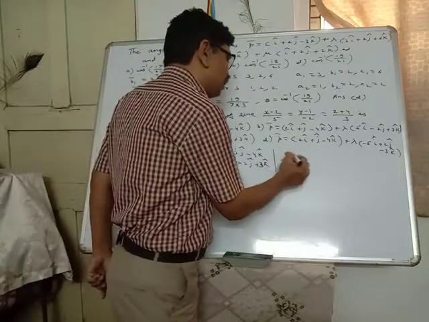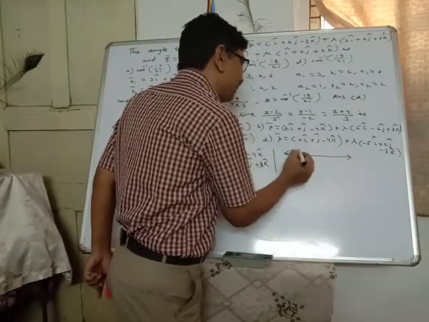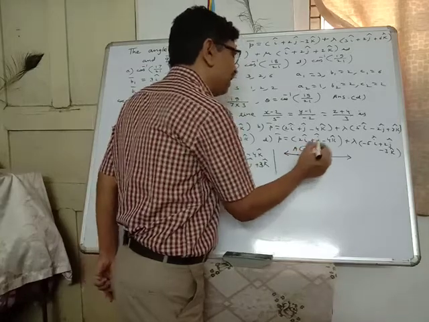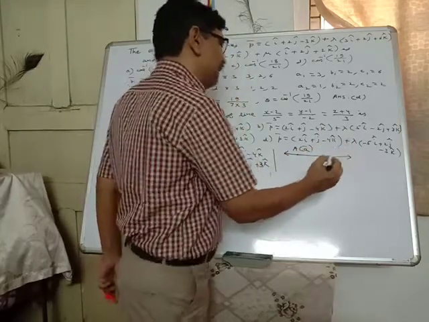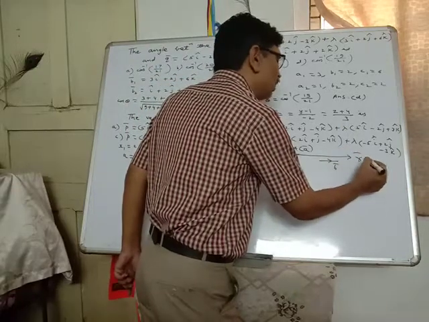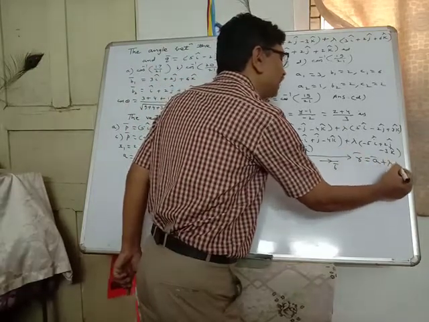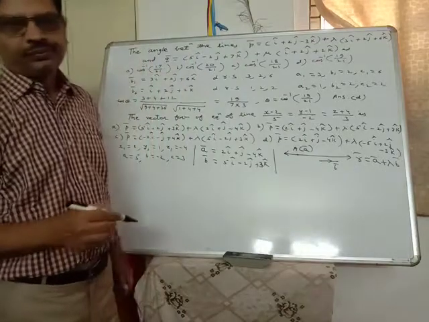Equation of line passing through point A with position vector a bar and parallel to vector b bar is r bar equal to a bar plus lambda b bar.